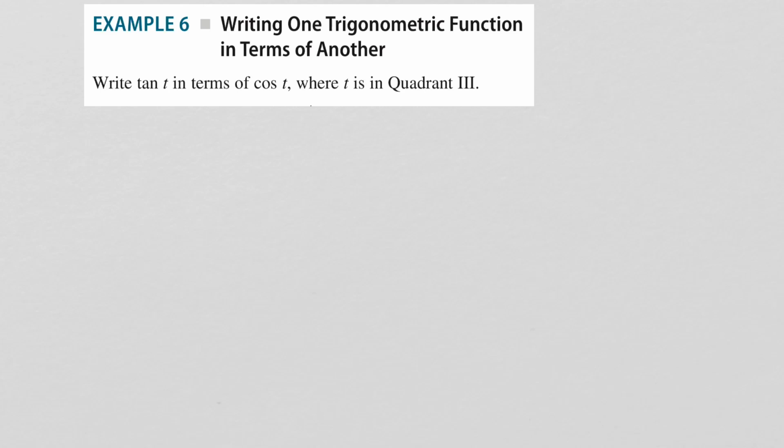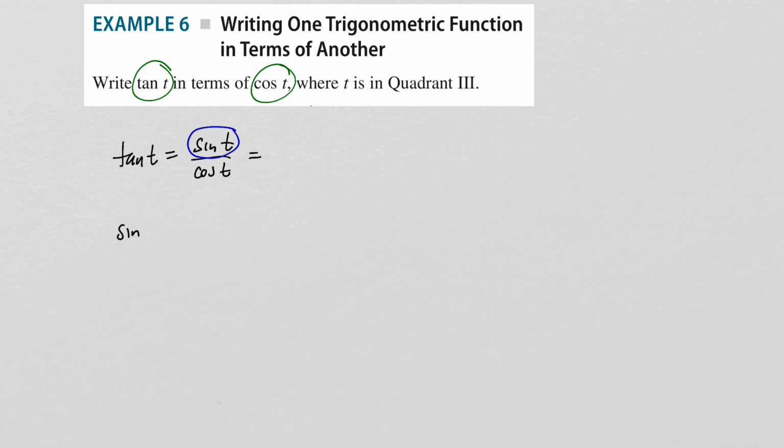And finally, we can use the identities to write one trig function in terms of another. In this example, we want to write tangent of t in terms of cosine of t. What we do know about tangent is that tangent of t is equal to sine of t divided by cosine of t. And so all we really need to do now is write sine of t in terms of cosine of t.